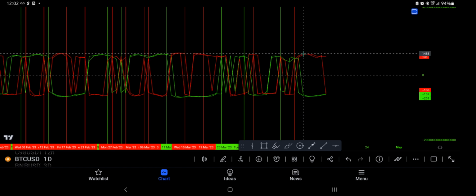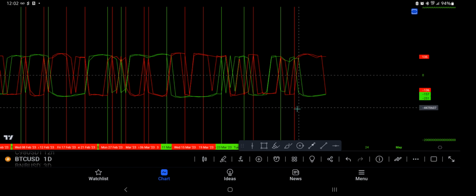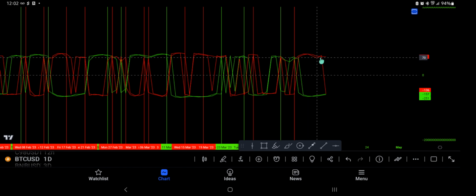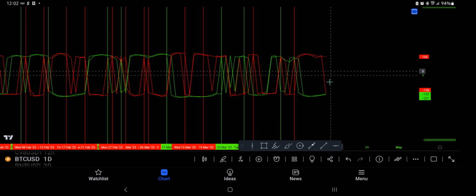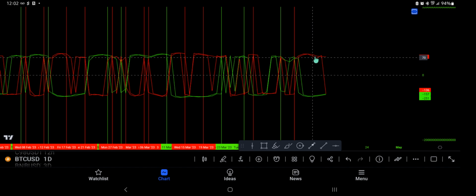But for now, this is actually looking like it wants to continue bullish rather than complete this bearish momentum right here.